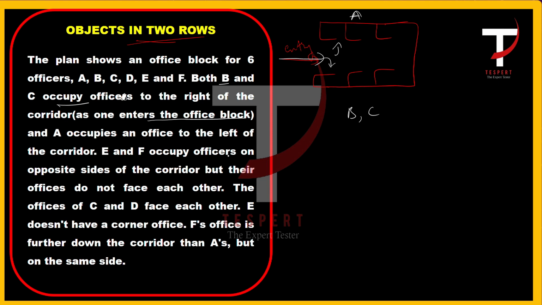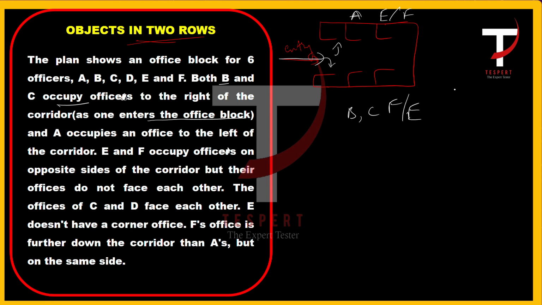E and F occupy offices on opposite sides, but their offices do not face each other. If E is here, F will be here. If F is here, E will be here.